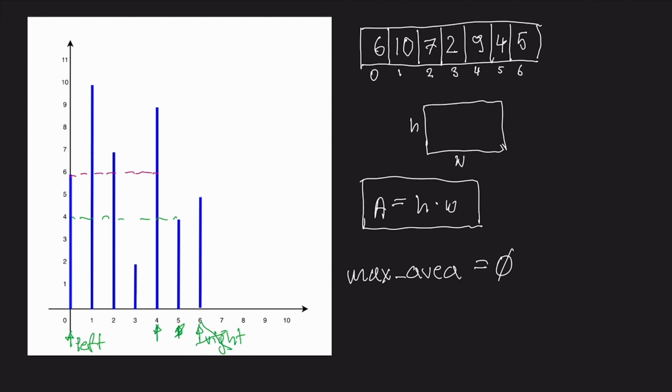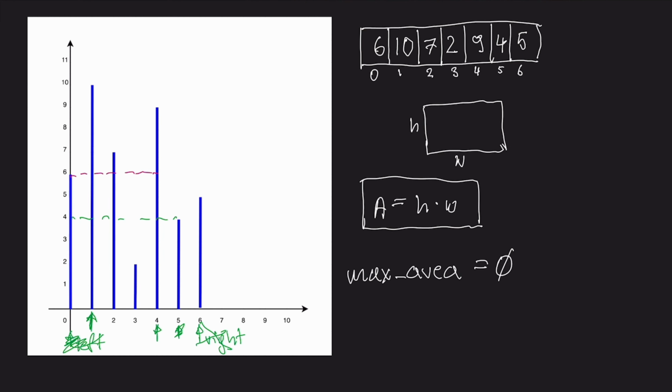So we always move the pointer which points to the value which is less of the 2. If they are equal, we could move either of them. So it doesn't matter how we code that specific case. So in this case, we would move the left pointer. It would point to index 1 and so on until those pointers meet.